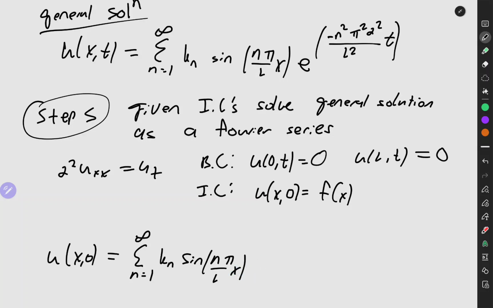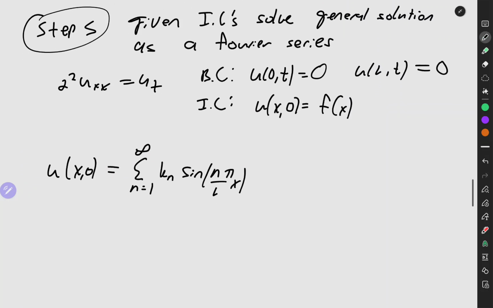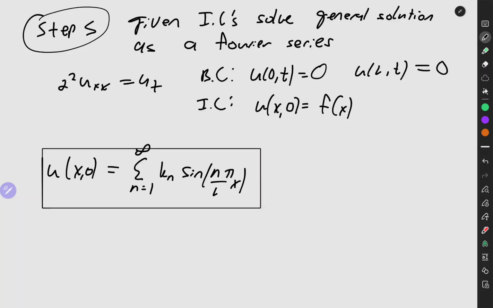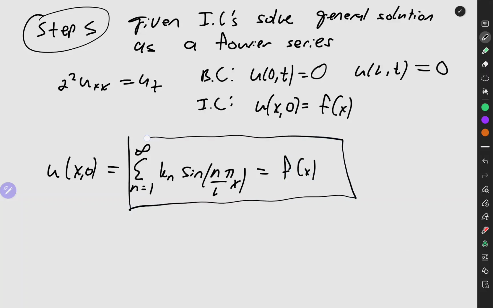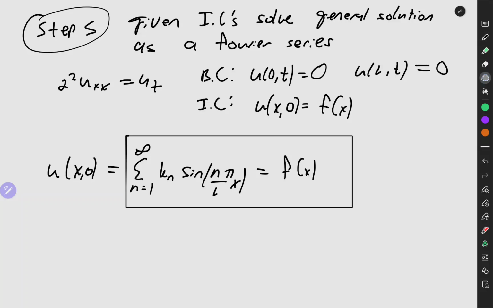But this part, you can see here that we have the t's over here. When we plug in 0 for that, we get e to the 0. That becomes 1. So then this is just this right here. Well, remember, it equals f of x. So this is what we're looking for here. This is what we need to start off our Fourier series right here.